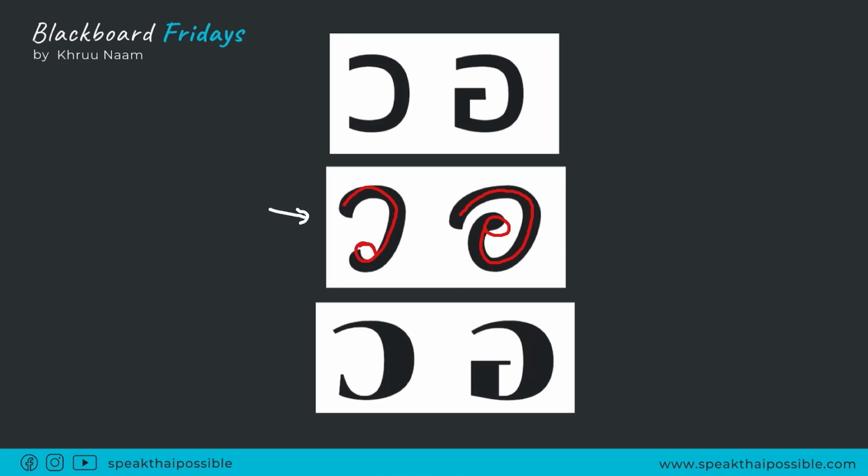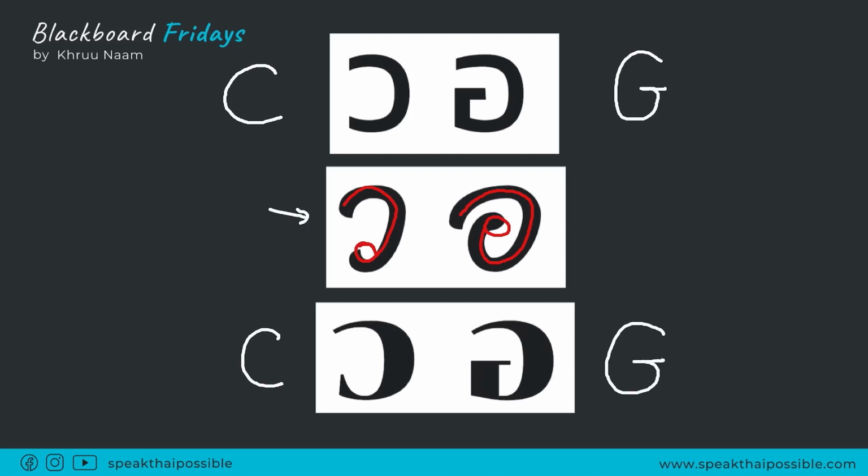But for the first font and the third font, the trick is that วอแหวน is just like the C in English, but reversed or flipped. And ออ่าง looks like the G in English, but a flipped G as well.